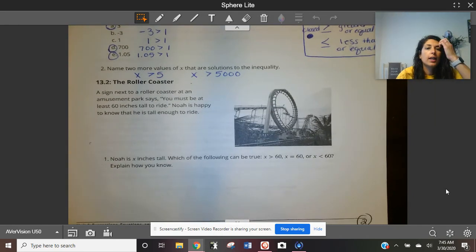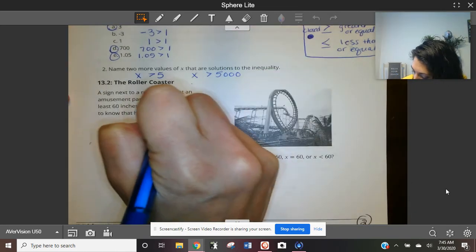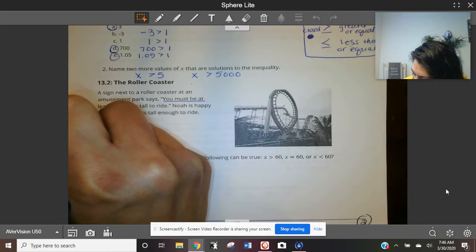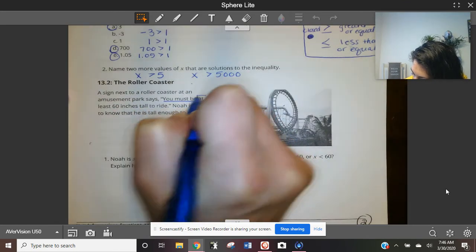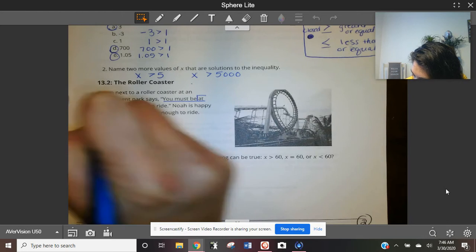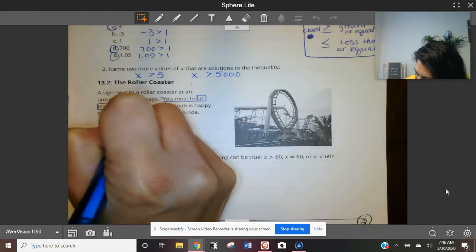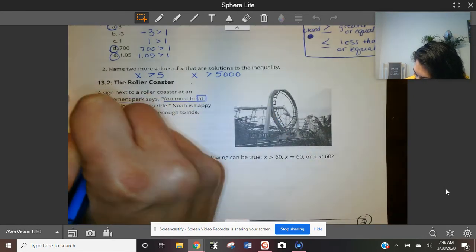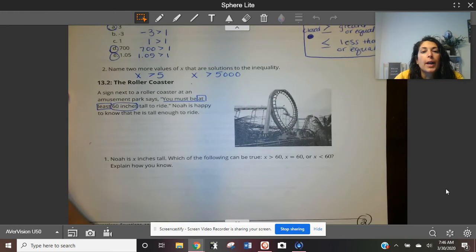A sign next to a roller coaster at an amusement park says you must be at least, I'm going to box "at least," 60 inches tall to ride. Noah is happy to know he is tall enough to ride the ride.